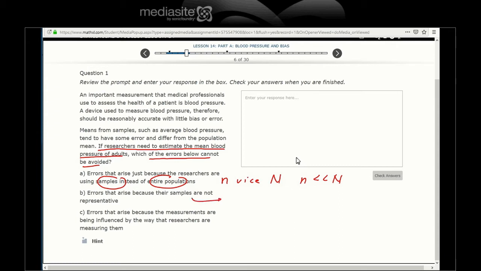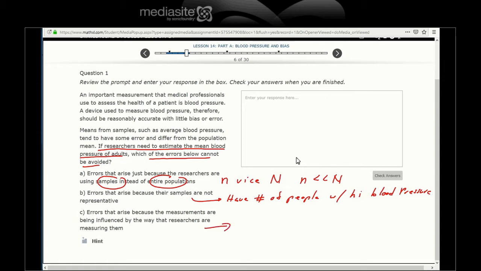For example, let's take all samples of people as they come in and out of a medical center. Choice C: errors that arise because the measurements are being influenced by the way that researchers are measuring them.